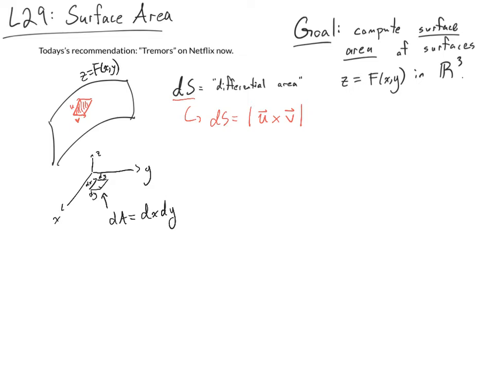So the reason why I'm using this setup is that, in fact, u and v we can describe really easily. Imagine you're moving in the x direction. If this is your x-axis down here, and you've got this little step, which is dx, then what's happening upstairs is you're somewhere on this surface, and you've now moved u above it.